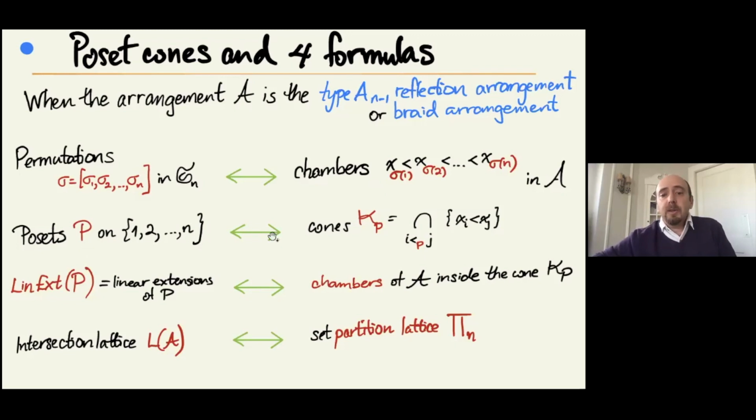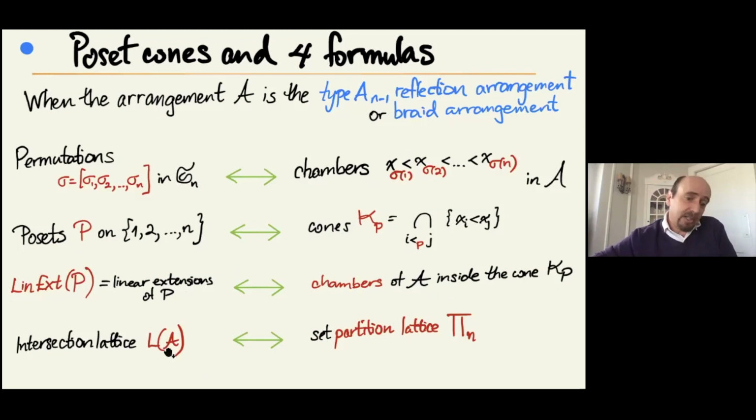Posets on the numbers 1 through n correspond to cones, namely the poset P corresponds to the cone K_P, where you intersect the half spaces x_i less than x_j for i less than j in the poset. And then linear extensions of the poset P correspond to the chambers of the arrangement, those permutation-indexed chambers, where that permutation was a linear extension of P.